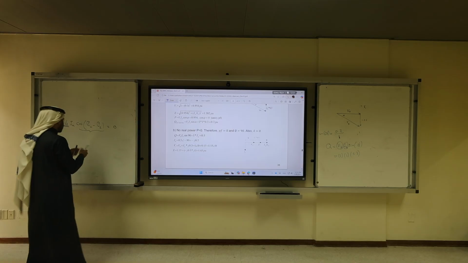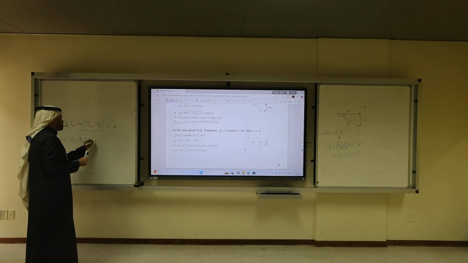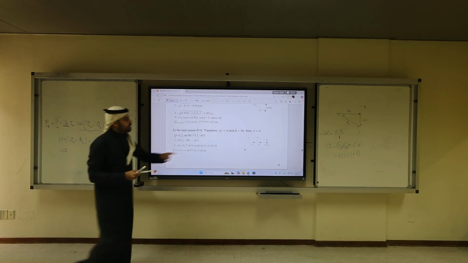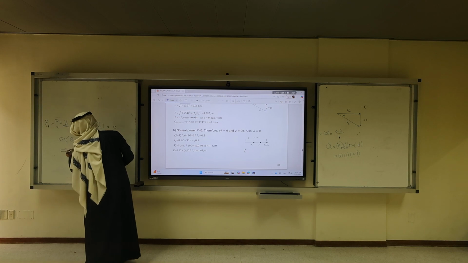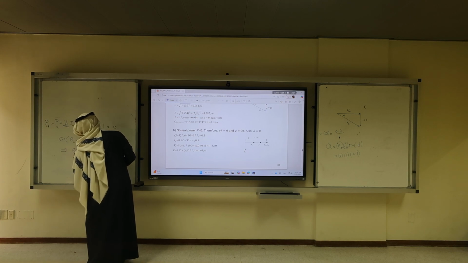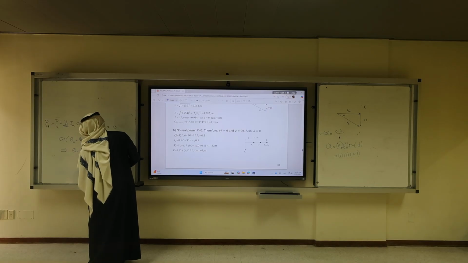So this implies that cosine of theta Vt minus theta Ia is 0, so the angle is 90 degrees.